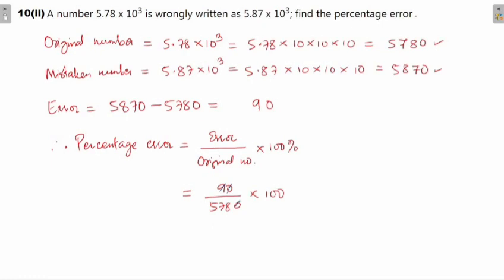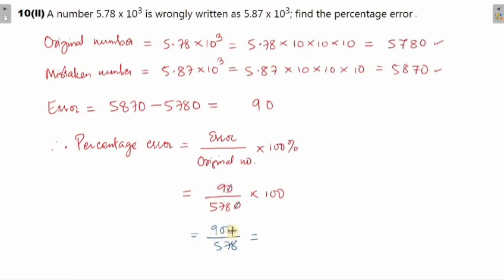Okay, so what you can do is write this as 9 into 100 is 900, divided by 578. If you want to cancel with 2, that can be done.